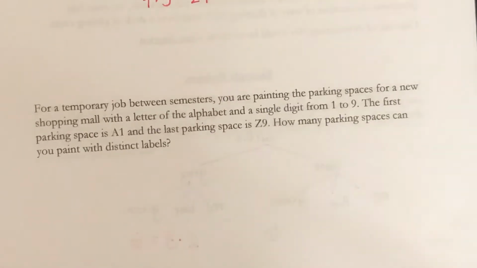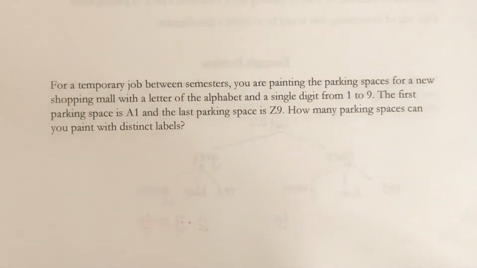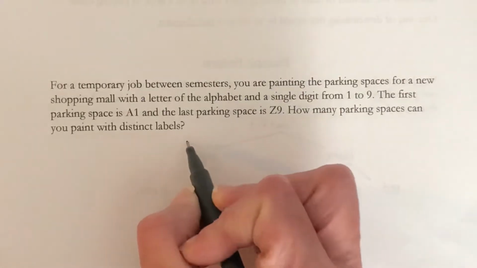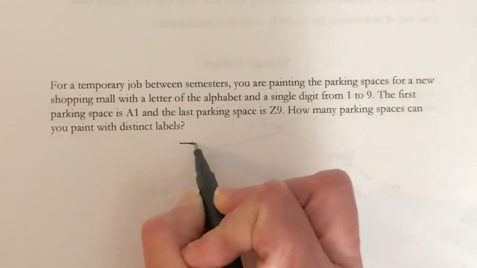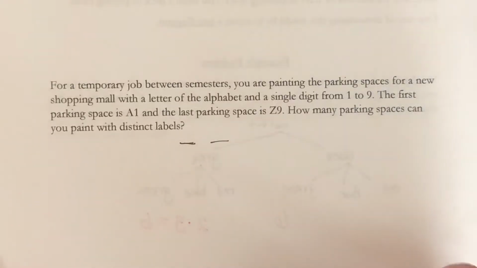Now for a temporary job between semesters, you are painting the parking spaces for a new shopping mall with a letter of the alphabet and a single digit from 1 to 9. The first parking space is A1 and the last parking space is Z9. How many parking spaces can you paint with distinct labels? Okay, so we have 2 things to fill. We have the letter and then we have the number to fill.